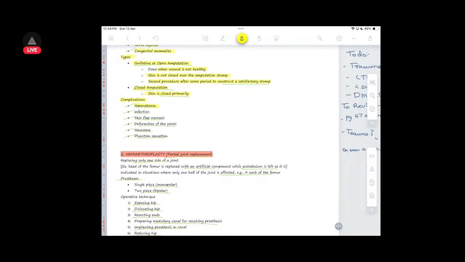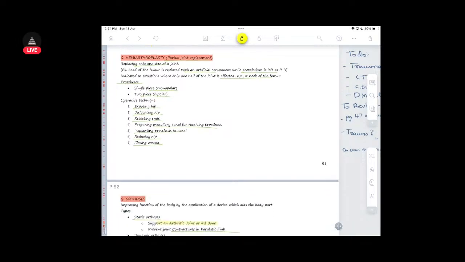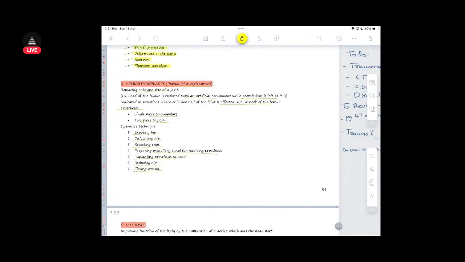Complications: you find hematoma formation, infection, skin flap necrosis, deformities of the joints, neuroma and phantom sensation. Then you have hemiarthroplasty, which is replacing only one side of a joint. For example, the head of femur is replaced with an artificial component while the acetabulum is left as it is.